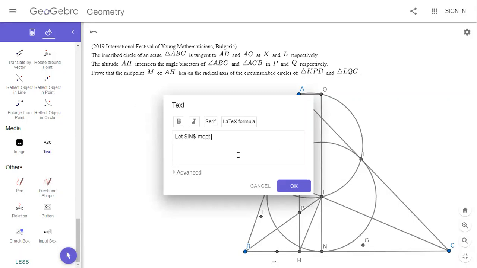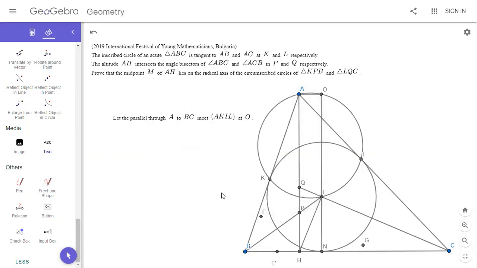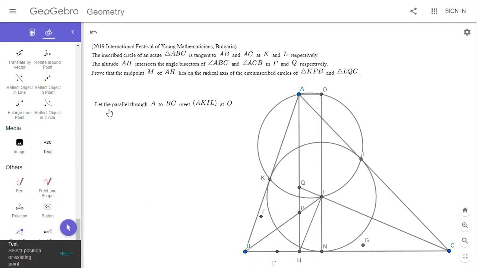Let IN meet the circle AKIL at point N. Let the parallel through A to BC meet the circle AKIL at point O. Okay, and then angle AOI is equal to angle ALI is equal to 90.